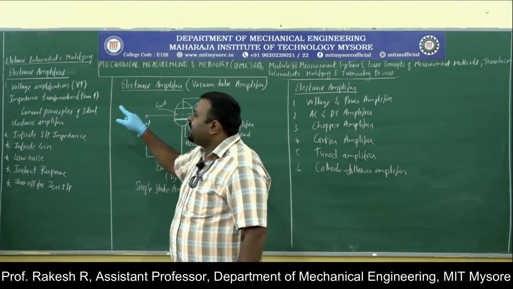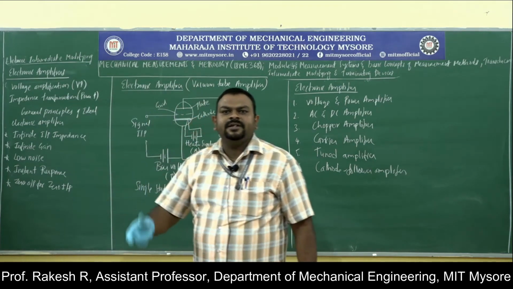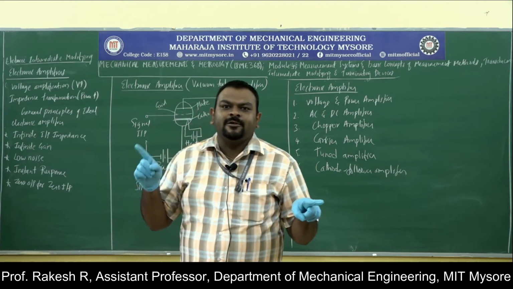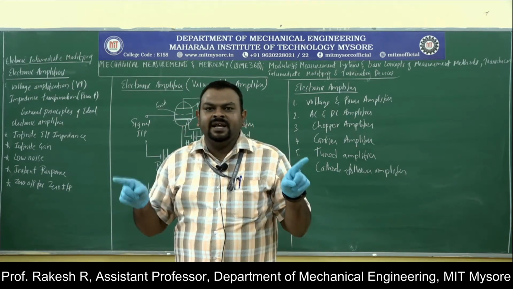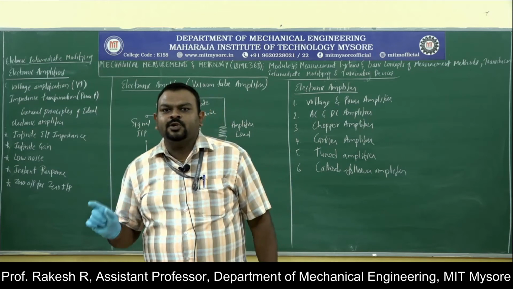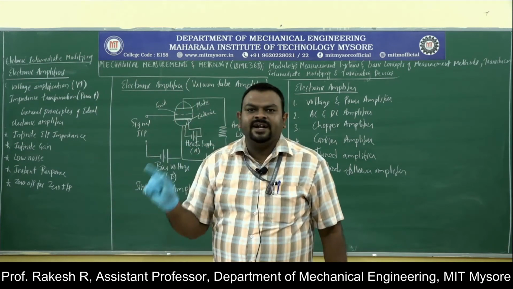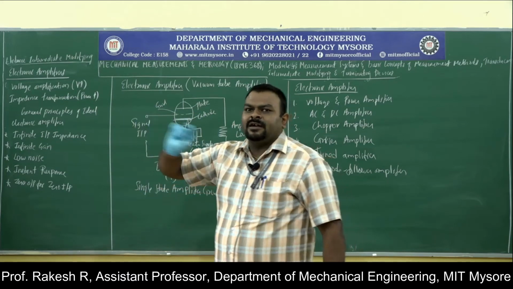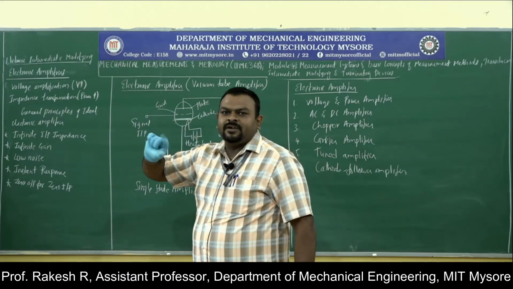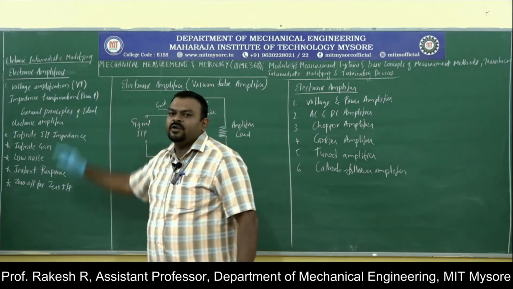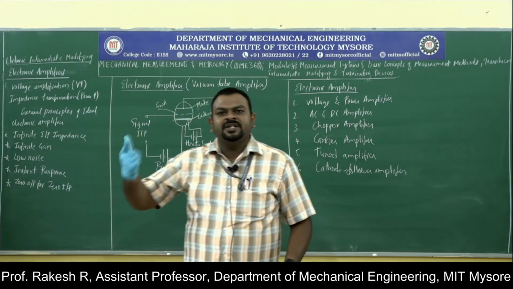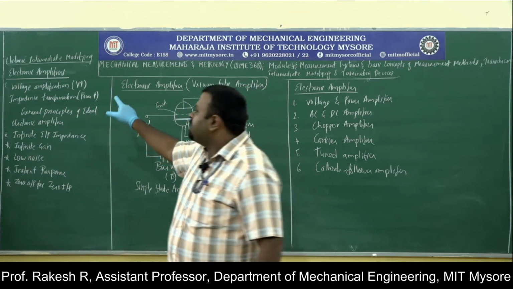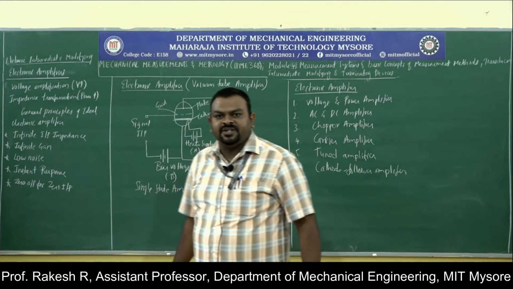Whenever we need voltage amplification, the voltage is increased. The rate of movement of electrons from cathode to anode we can vary based on the power supply given to the cathode. Whenever we energize the cathode, the movement of electrons can be controlled. The control of movement of electrons leads to control in voltage. If you want more voltage, give more movement of electrons, so it is flexible to handle the voltage amplification.